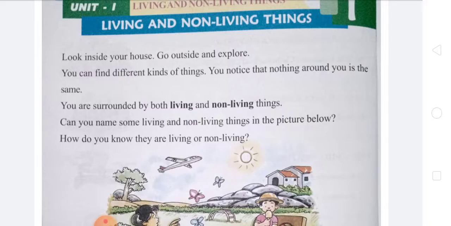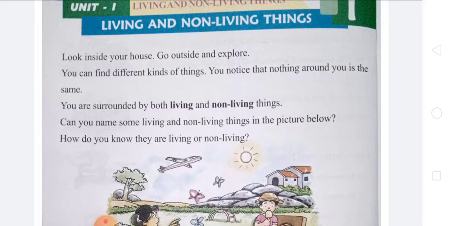If we take an example of your room, what can you see, students? You can see chair, table, bed, fan, toy, book, pen, and humans, like mother, father, sister, etc. Some of these things are living and some are non-living.